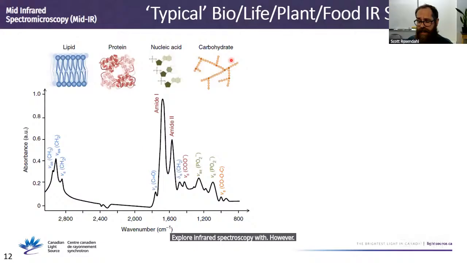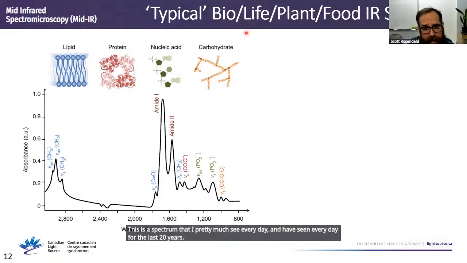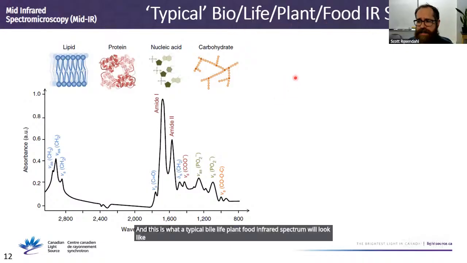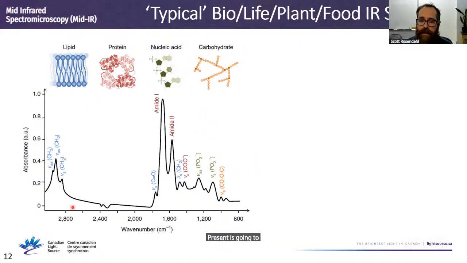However, that being said, this is a spectrum that I pretty much see every day and have seen every day for the last 20 years. This is what a typical bio, life, plant, food infrared spectrum will look like. What I mean by that is any sort of material that has lipids, proteins, DNA, and carbohydrates present is going to basically look like this.